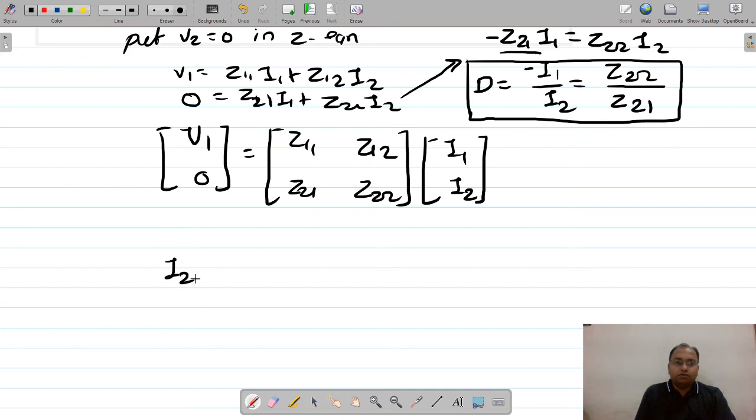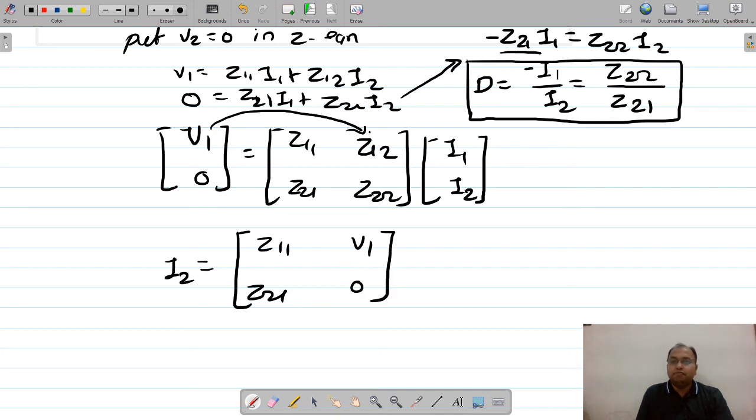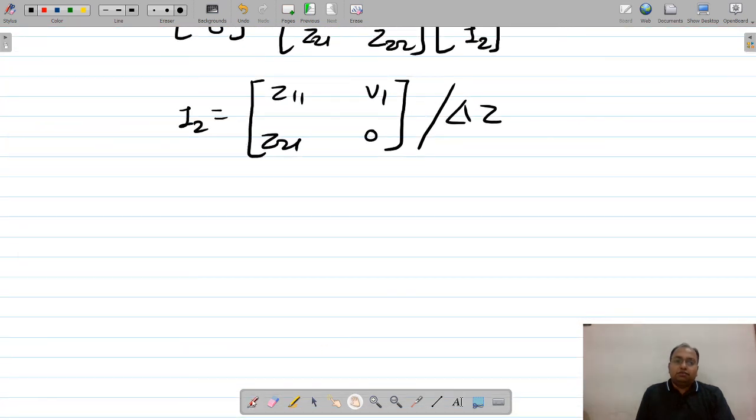Let us find out I2 because our main intention is to get the ratio of I2 to V1. So this column will be replaced with the second column of your delta Z matrix. So Z11, Z21, this one will be V1 and this is going to become 0, divided by delta Z. Is that fine?